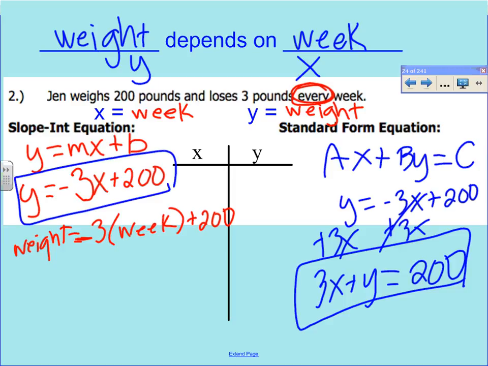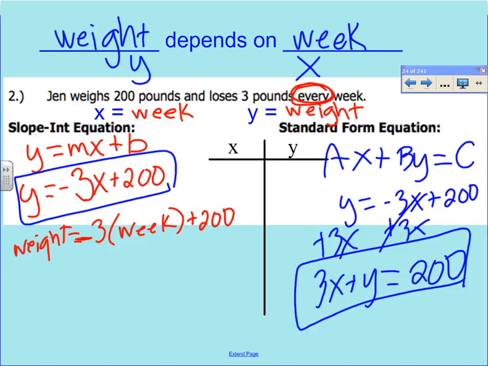Here is our slope-intercept form. One more thing we need to do is fill in our table. So let me ask you this. At week 0, how much does Jen weigh? You should all have your hands up because that's easy. Sam? Good, 200. At week 1, Jackie, how much does she weigh? Nope, careful.